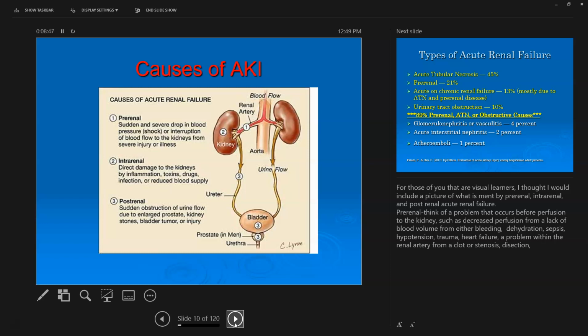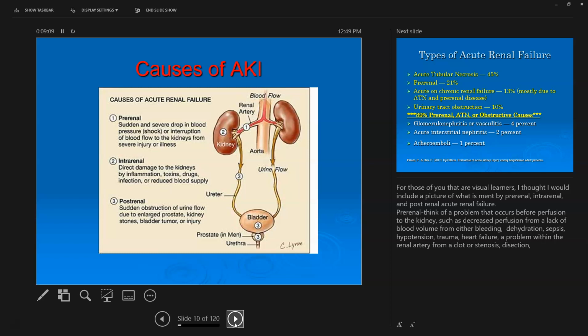Essentially, your pre-renal failure has advanced to actually damaging the kidneys. The tubular part of the kidney is now starting to get damaged. So it's called ATN. And this is going to be 90% of why your patient has renal failure.